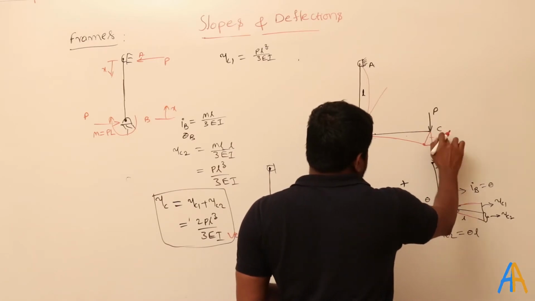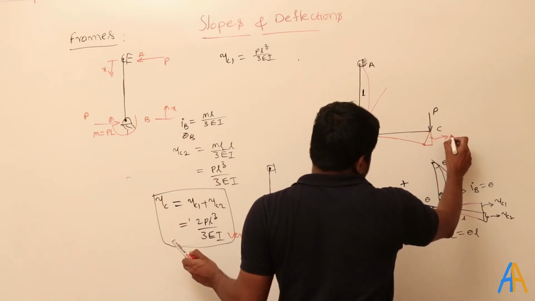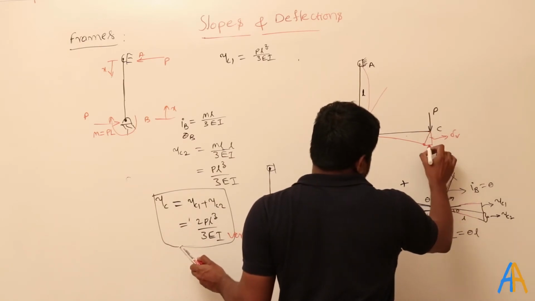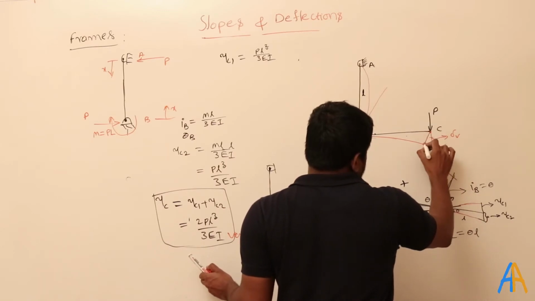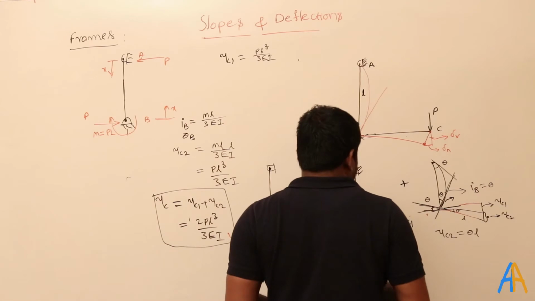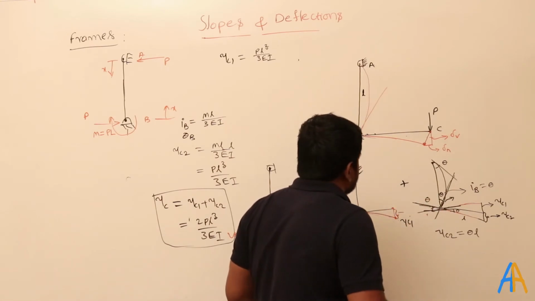Whatever we found here is the delta vertical, and this is the delta horizontal, and from here to here is the actual distance between these two points.